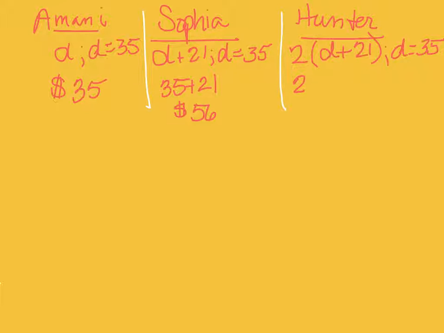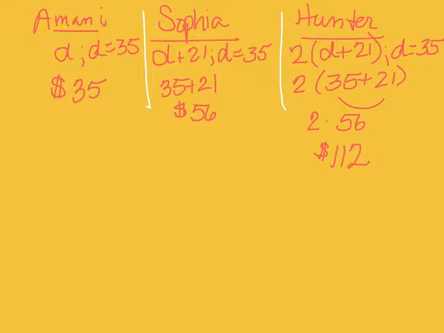I substitute in 2 times the quantity of 35 plus 21. Well, I have to do what's inside parentheses first. 35 plus 21 is 56. I know I'm going to be multiplying that times 2. 2 times 56. Well, 2 times 50 is 100. 2 times 6 is 12. So Hunter spent $112 at the math store.